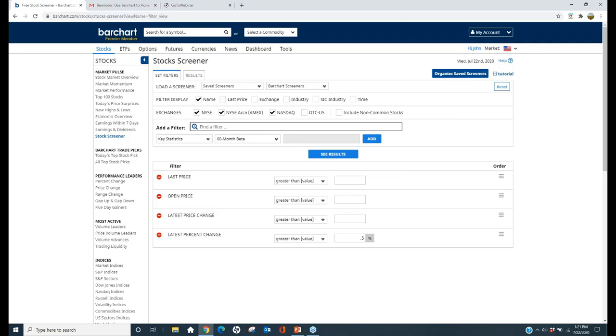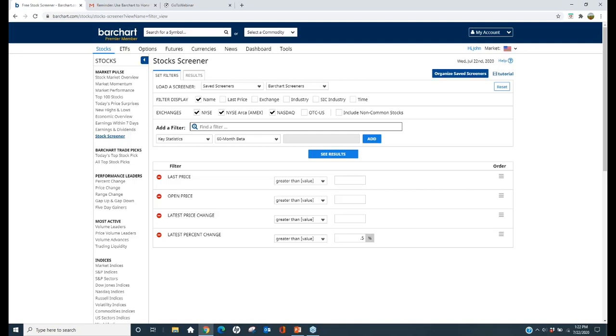What the 60-month beta says is how our stock relates to the S&P market. We're going to call the S&P market a beta, or give it a value of 1, and our stock is going to get a value plus or minus that.